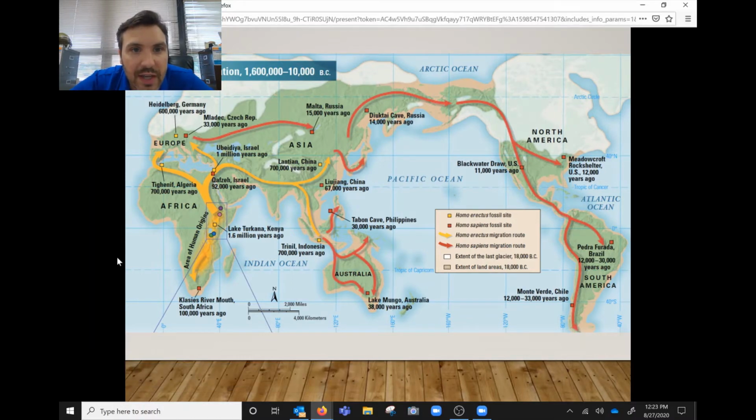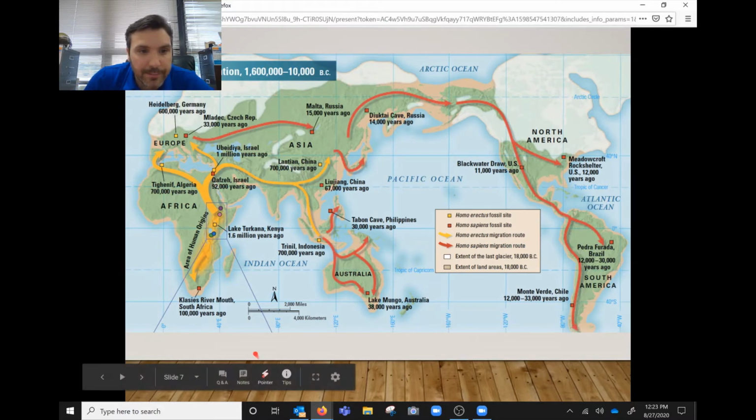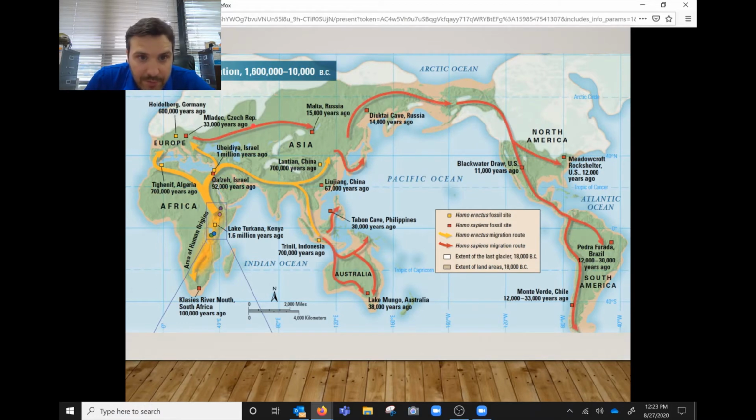As you can see, in case you didn't know, all humans came from Africa. All of us, right? Homo sapiens came out of Africa and they moved into Europe, Eastern Europe, and Eurasia and Asia. I always like to think about this point right here, 1,000,000 years ago.